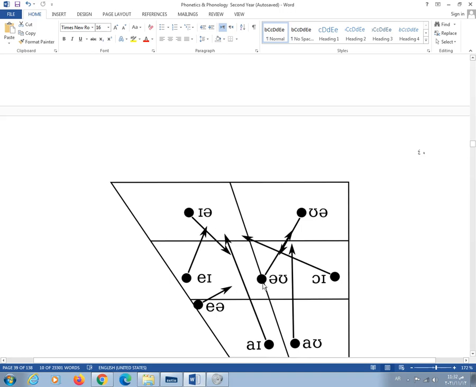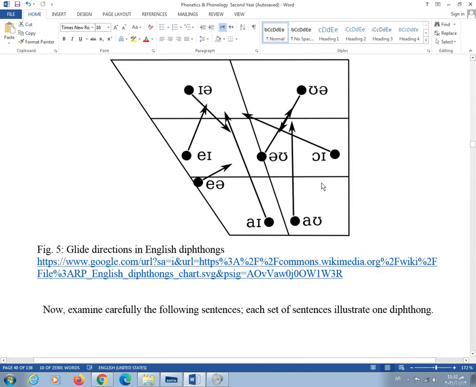And so on and so forth. So each of these arrows represents the movement or the glide from one vowel to another vowel, and that's what makes a diphthong. Okay, we start with A.